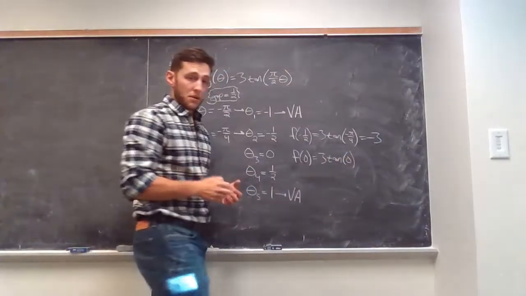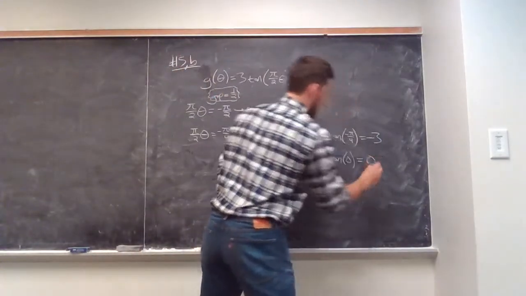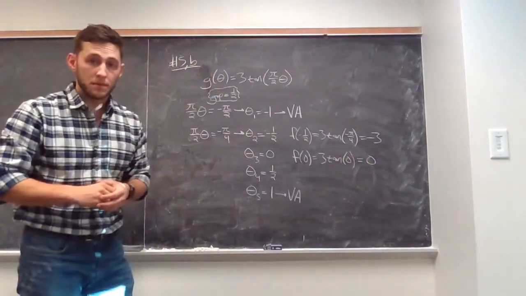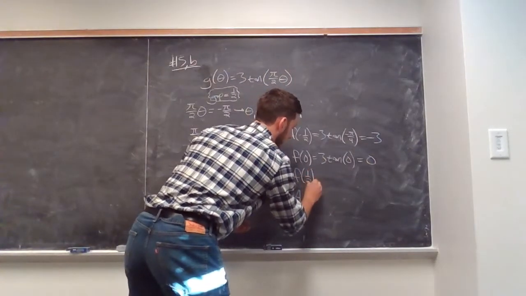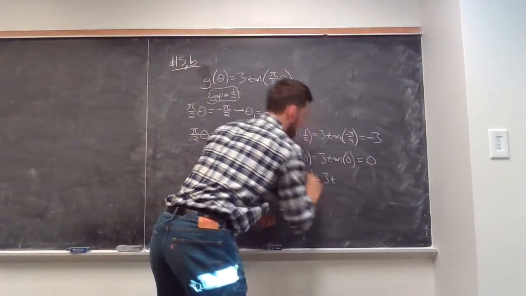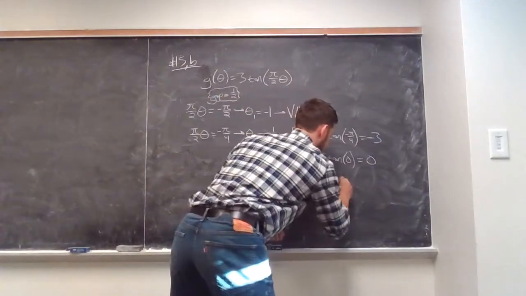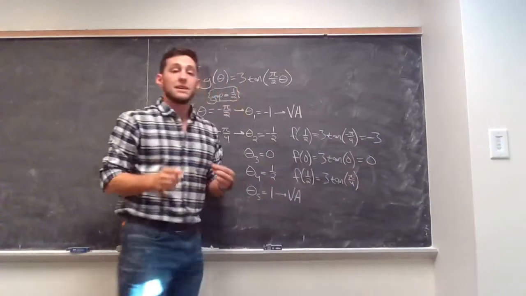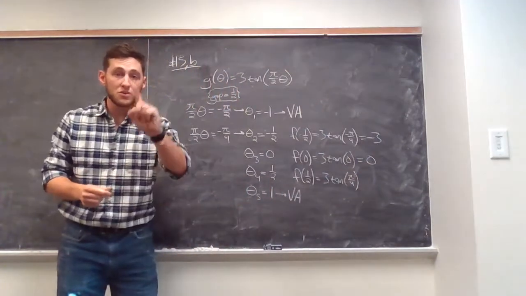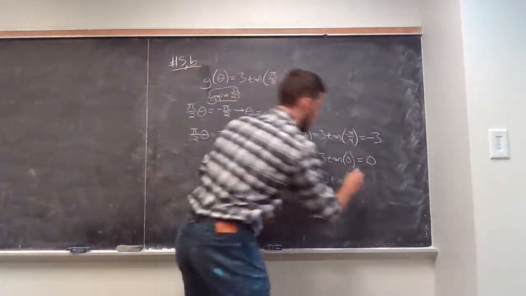And that's just 0. Tangent of 0 is 0. 3 times 0 remains 0. Last but not least, plugging in positive 1/2 gives me 3 times tangent of pi over 4. But tangent of pi over 4 is just 1. So I end up getting 3 here.